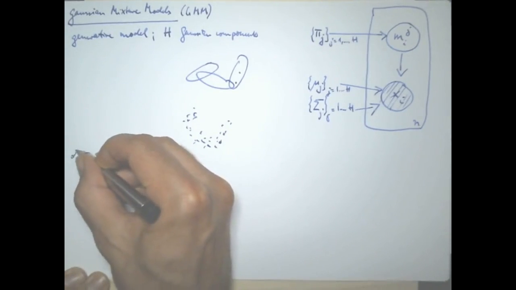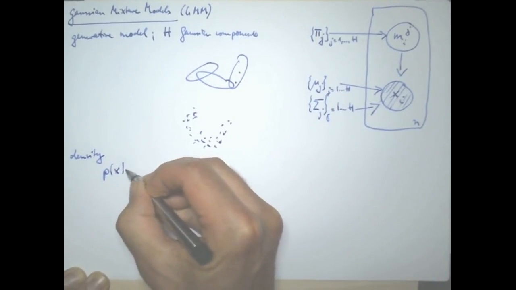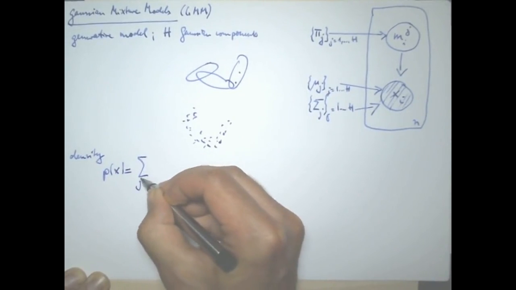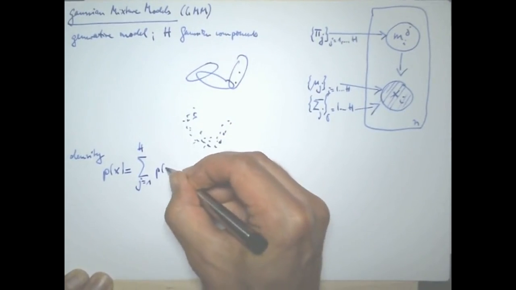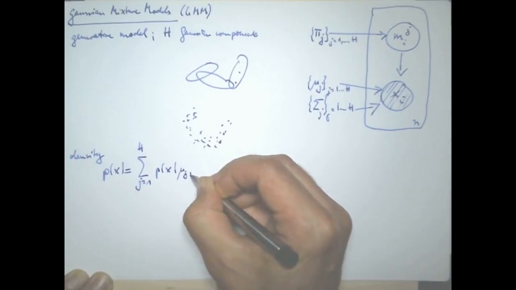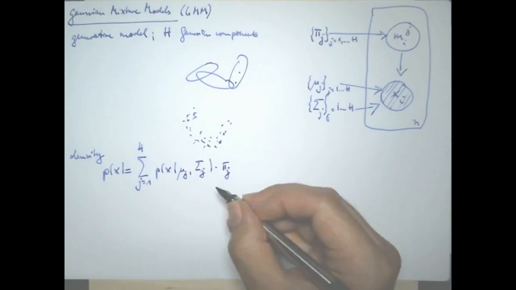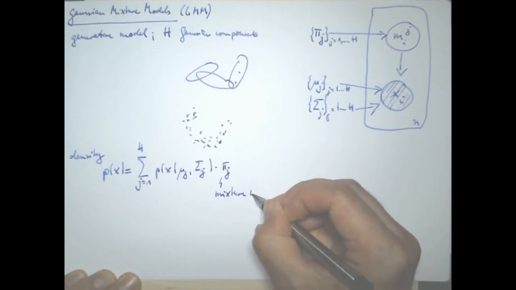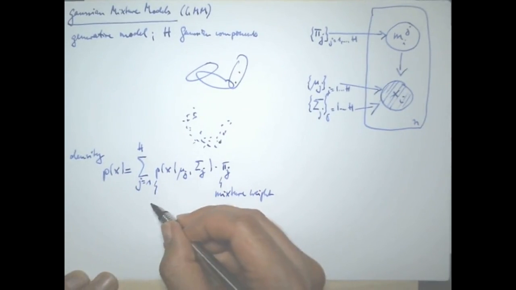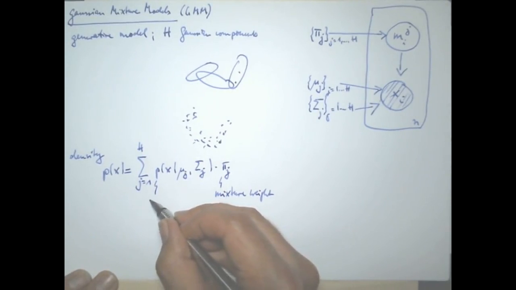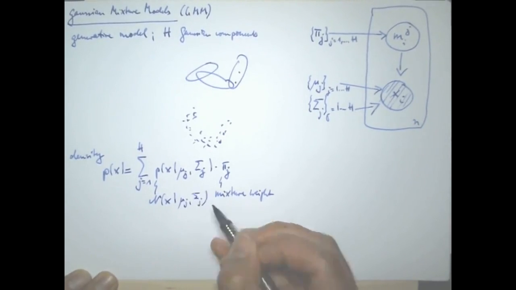But what I can write down is the density, so the probability of generating an observation x is, see, I'm integrating out this hidden variable. Pi_j was the weight of mixture component number j, and this was a Gaussian. I could use an alternative shorthand notation and say this is the normal evaluated at point x with these parameters here.